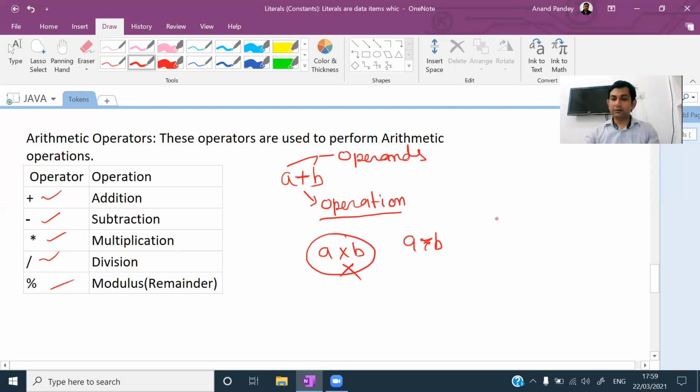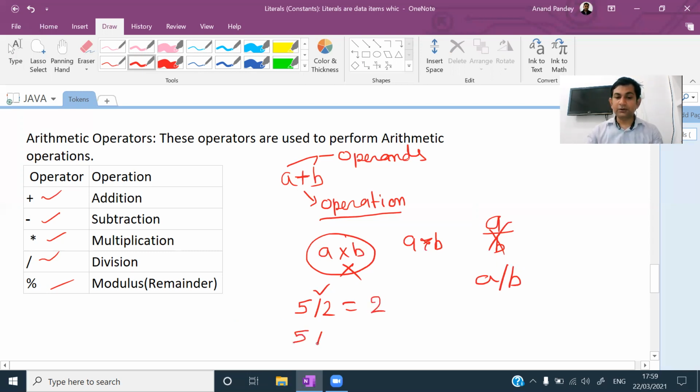For division, you have a habit to write in maths like this: A upon B. Please don't write like this. This is incorrect. In a program, write like this. Now, the modulus symbol. Consider we are writing 5 by 2. This division operator returns only the quotient. So 5 by 2 will be 2 only.